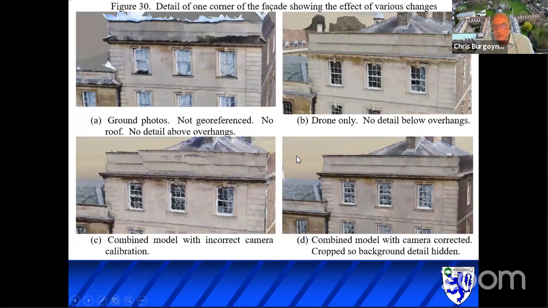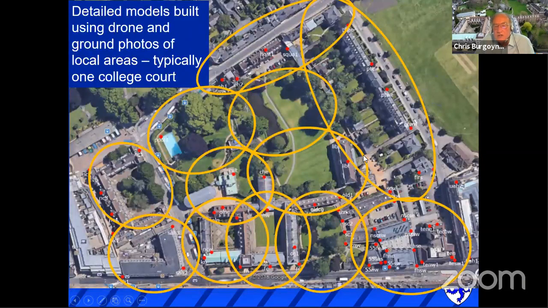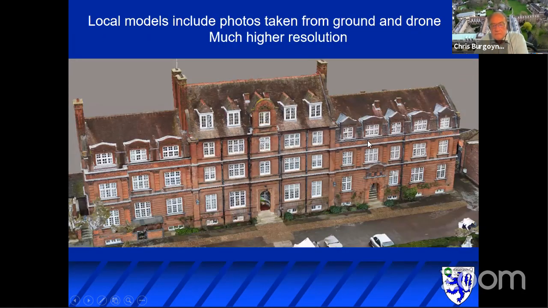So this is a model of the hostel again. And you can see that the lines that were wavy in the previous image are straight along here. And you've got much more detail than was possible with the drone. And that's what I'm trying to achieve in all of the models that I'm trying to get to.